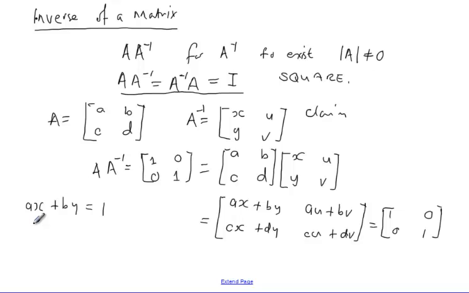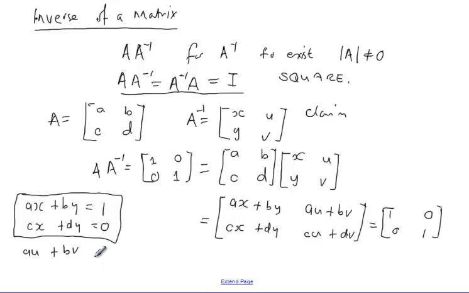But on the other hand, CX plus DY is equal to 0. Let's have this as a system of equations. On the other hand, we've got AU plus BV equals, you can tell me, 0.